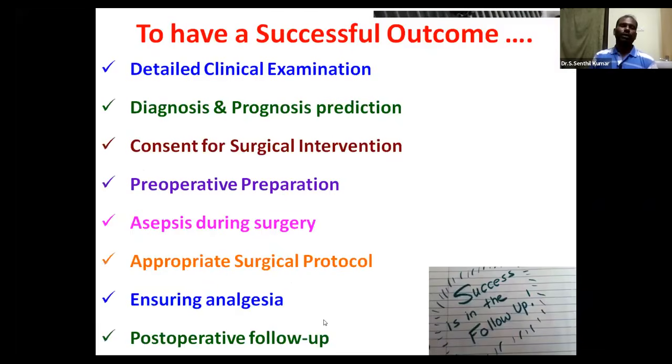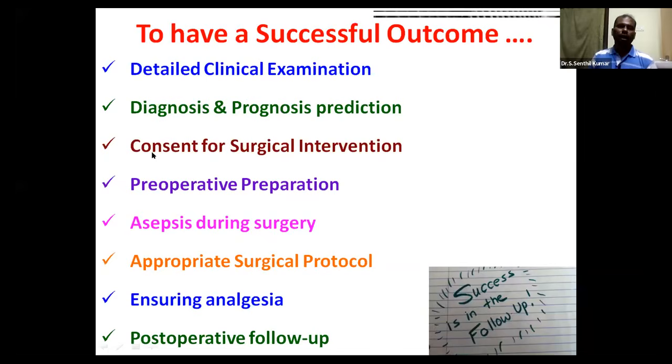from surgeon to surgeon. To have a successful outcome, do a detailed clinical examination. Arrive at a tentative diagnosis and predict the prognosis.